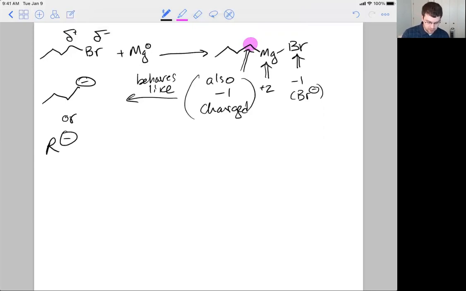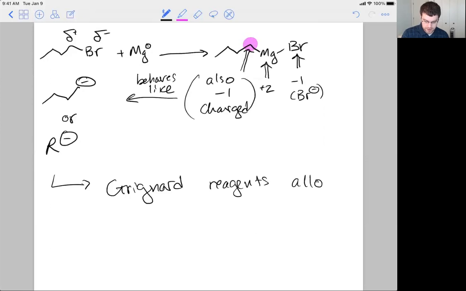Now that's the big takeaway, is that Grignard reagents allow us to make, and by make, I mean easily make, a very easy reaction to do. I mean, things can go wrong, it takes time, it's not one of these things we can do in like half an hour, but it's pretty easy to make R negative.